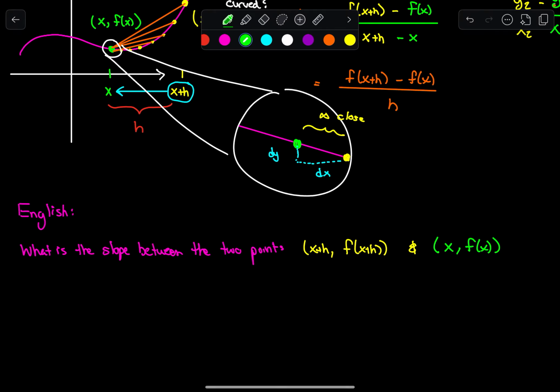What is the slope between those 2 points as we slide the points infinitely close together?